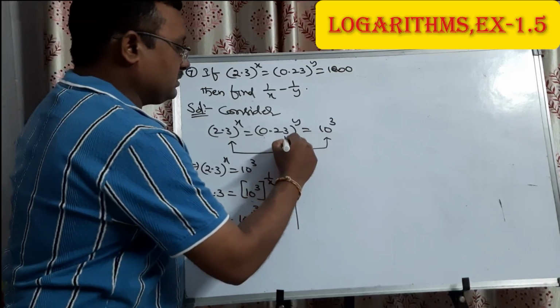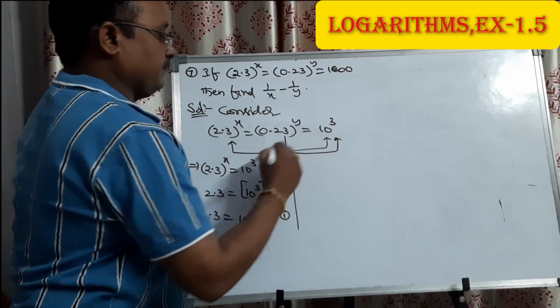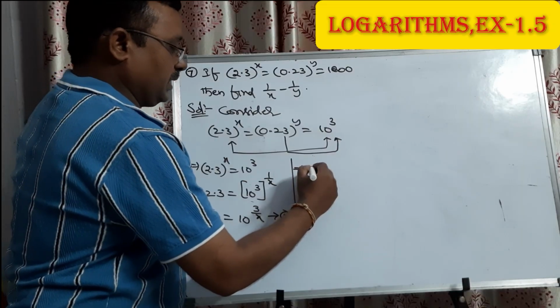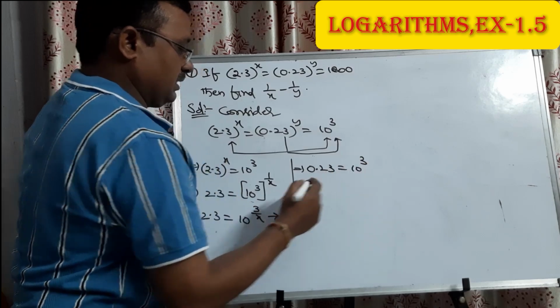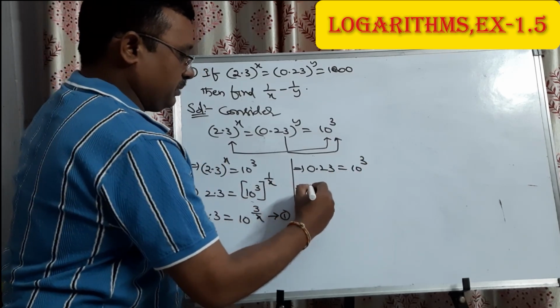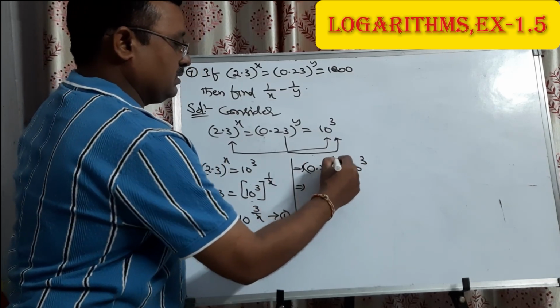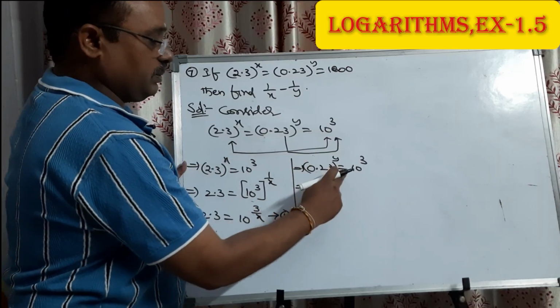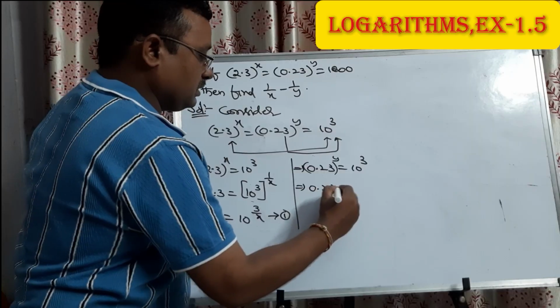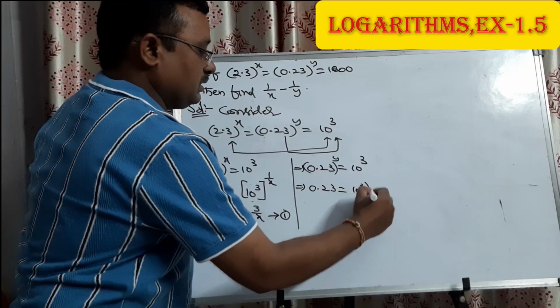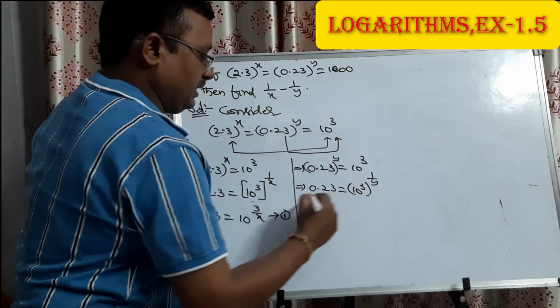Next, equate these two. That implies 0.23 whole power y is equal to 10 cube. Like this, 0.23 is equal to 10 cube whole power 1 by y.